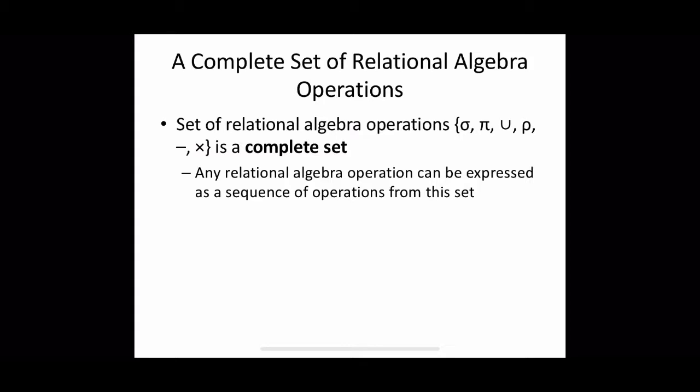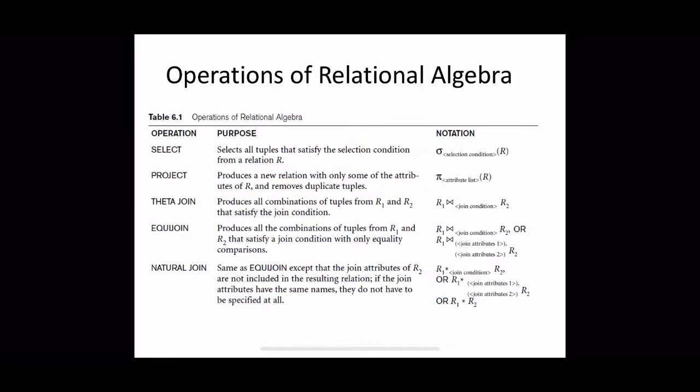For example, we don't have the intersection operator here, and the intersection can be implemented using union together with minus. That is, R intersection S is equivalent to R union S minus (R minus S) union (S minus R). Like that, any other operation can be expressed using this set of operators. That is why it is called a complete set. Different operations and the corresponding expressions are denoted here.